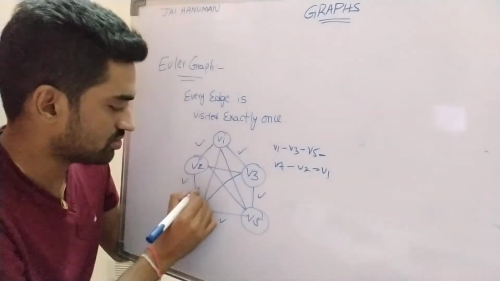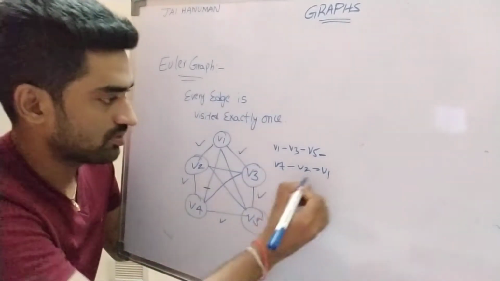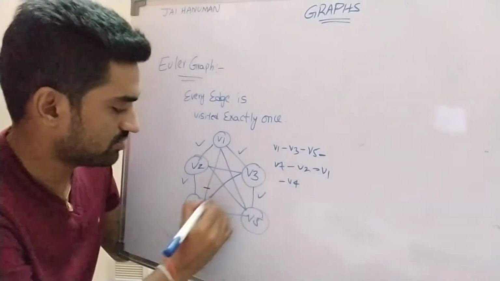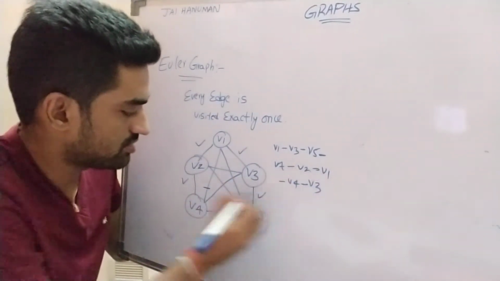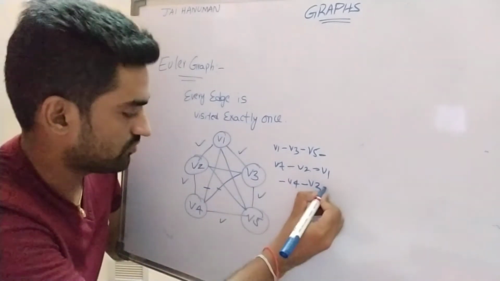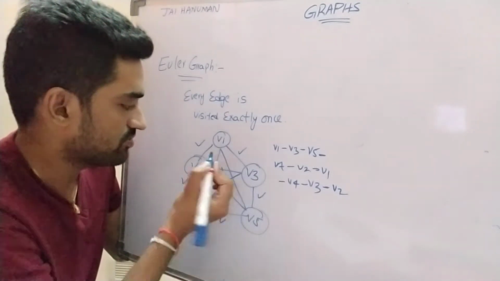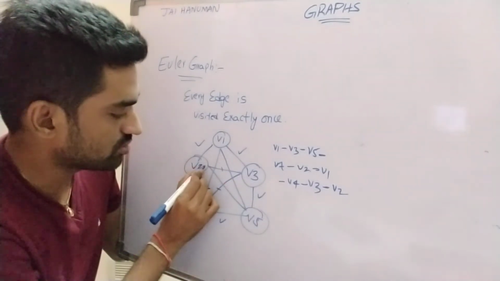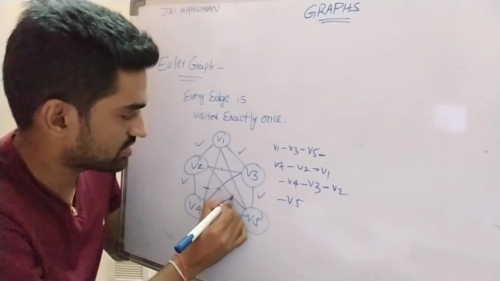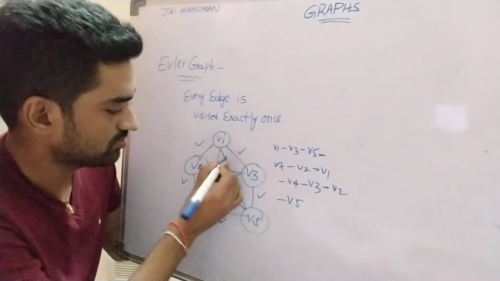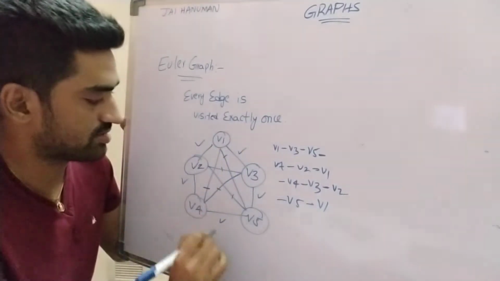Then V1 to V4, V4 to V3, V3 to V2, V2 to V5, and V5 to V1, these edges have been visited, right?